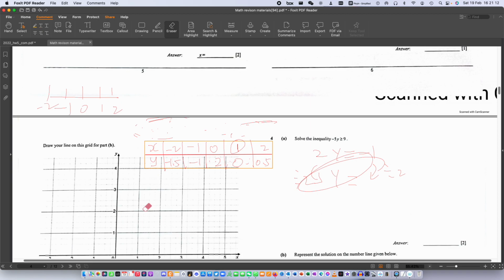Zero and 2, right? 0 and 2. Okay, label them on the grid below it.